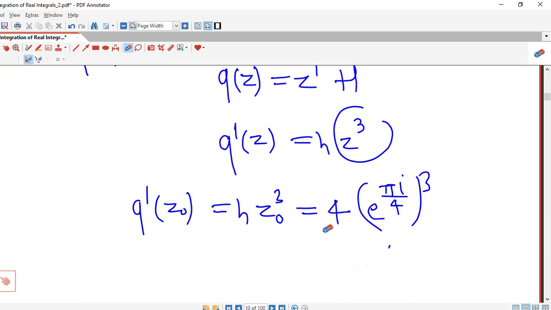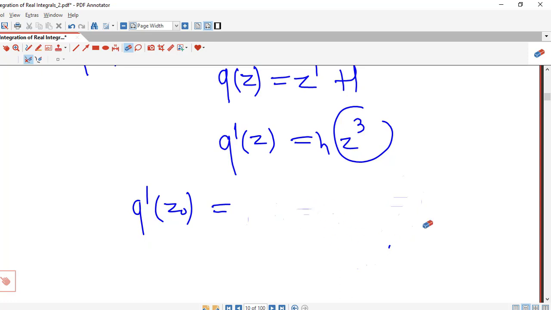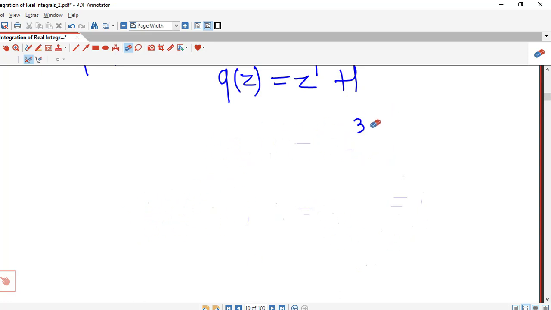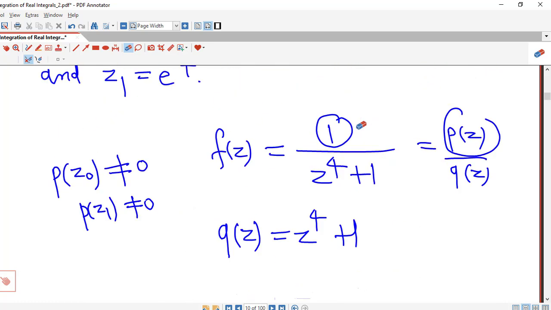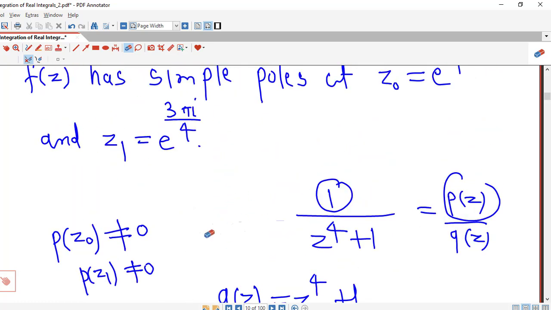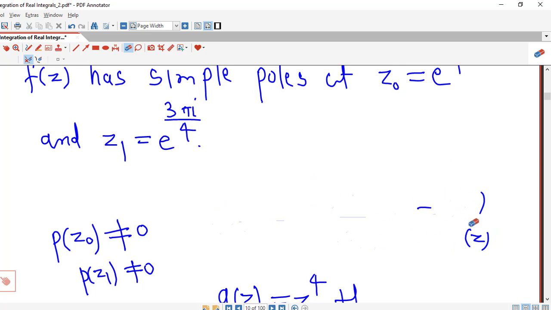So I have written directly that f of z has simple poles at z0 and z1, and we can write directly, it is obvious here, so no need to show all these things, this is just for understanding.